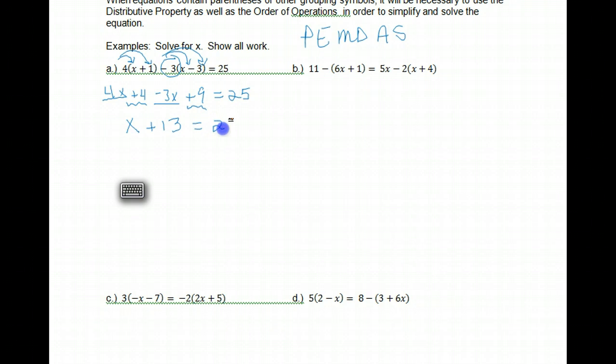And then bring down the equals 25. We now have a one-step equation, and we can solve that by undoing the addition. So we will subtract 13 from both sides, and x is going to equal 12.